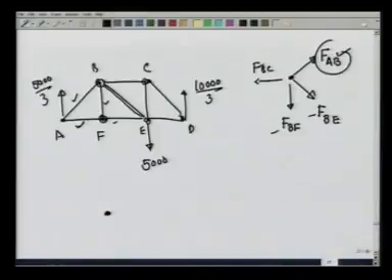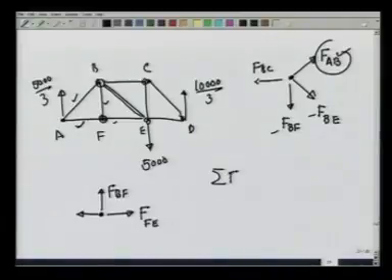at point F there is one known force FAF, and FAF we had determined to be a force which is tensile, and therefore it pulls the pin at F in this direction. There is a force FFE and there is a force FBF.